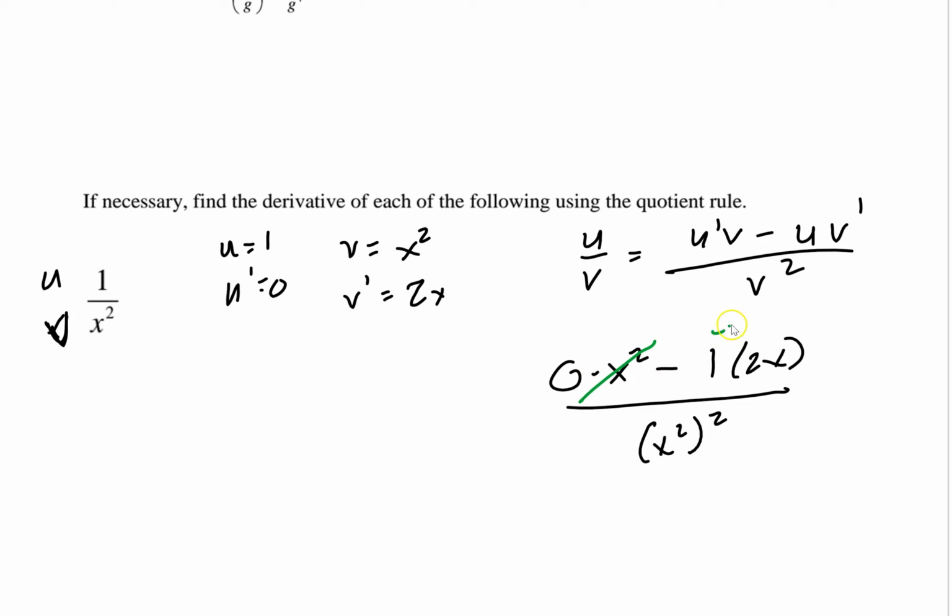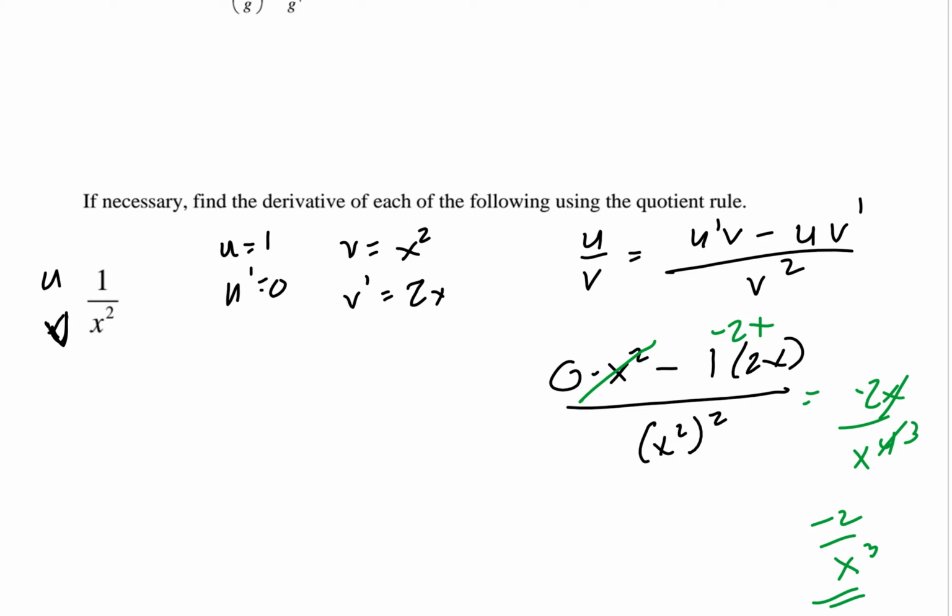This becomes negative 2x. Remember, you multiply powers here. x to the 4th. I could reduce that a little bit. Negative 2 over x cubed. And again, unless IB says otherwise, that's actually a fine answer, unless they specifically tell you to put it in this form. But generally with the quotient rule, they'll tell you to put it in a certain form. So that's how you do the quotient rule.